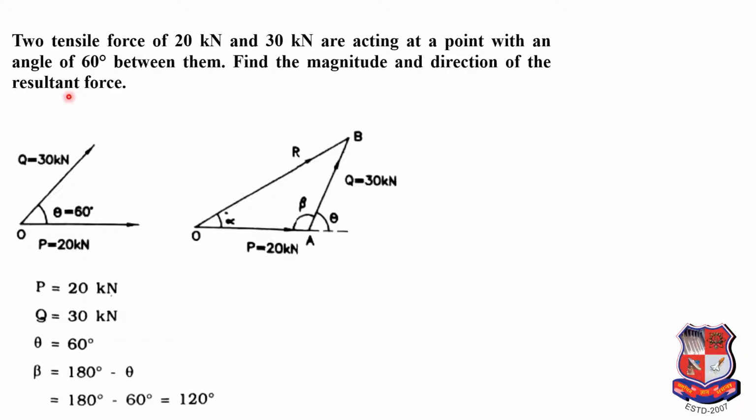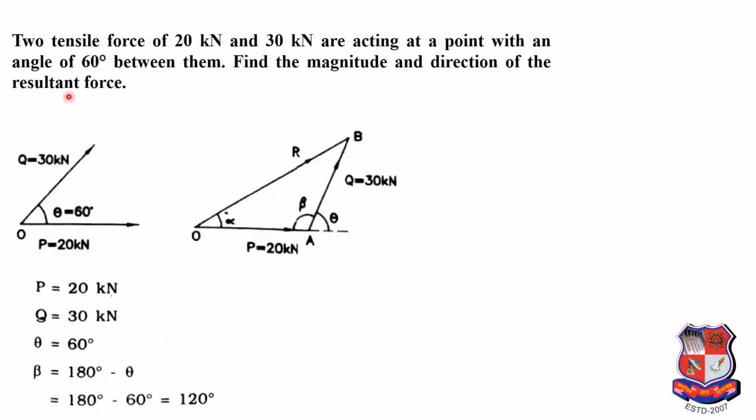Why? Because we have to identify what data is given actually and what we have to find. Because sometimes some data are based on some other quantities, some other terms, so we have to understand which type of data is given and based on that what we have to find.